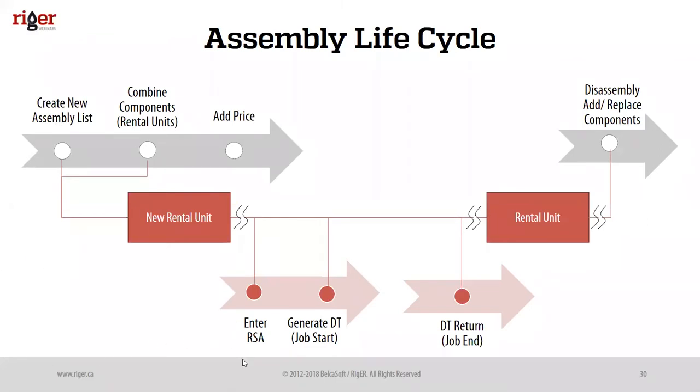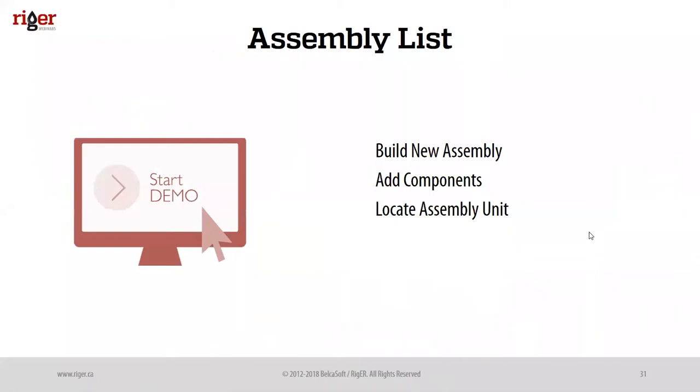In this case, we generate a rental service agreement, delivery ticket, end job, and we return the rental unit. To disassemble it or add or replace a component, we need to run a new assembly list. So let me show you a very simple assembly list.